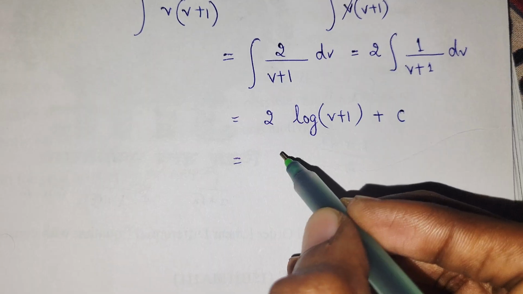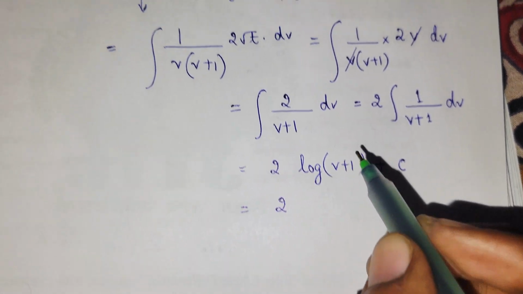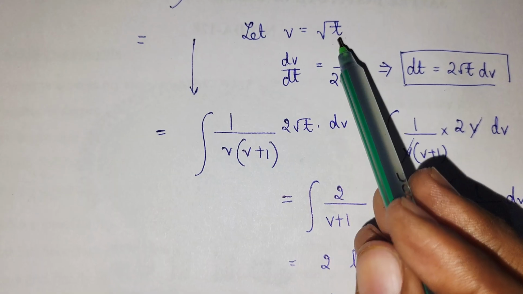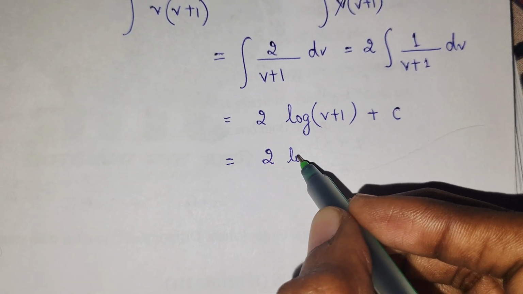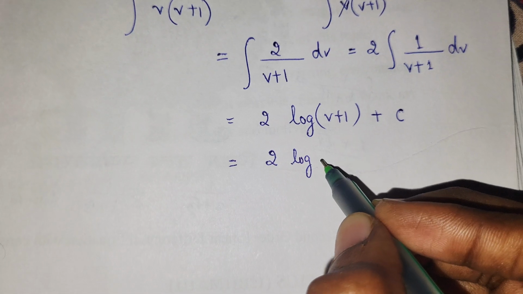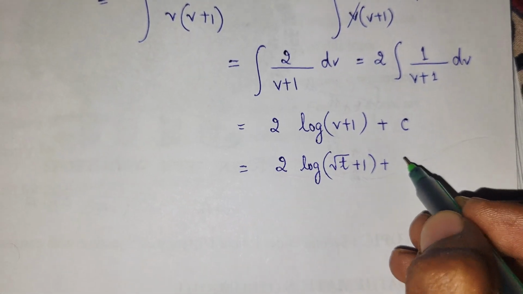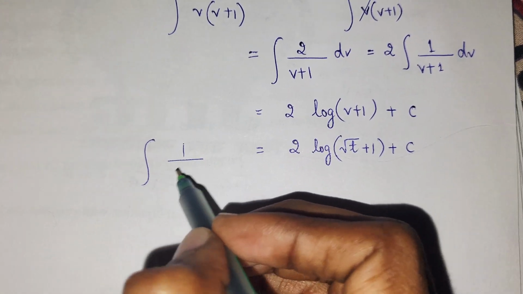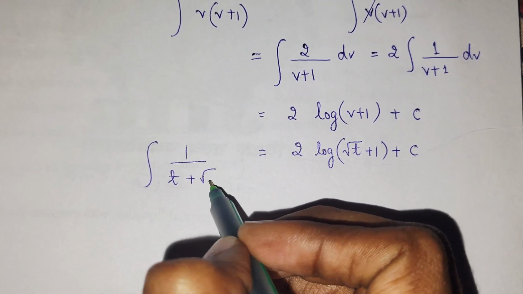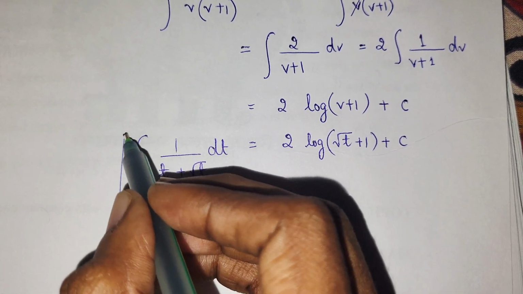We know that v equals square root of t, as we have taken, so we just replace it back, and that equals 2 log of square root of t plus 1, plus c. So our final answer is this: the integration of 1 upon t plus square root of t with respect to t.